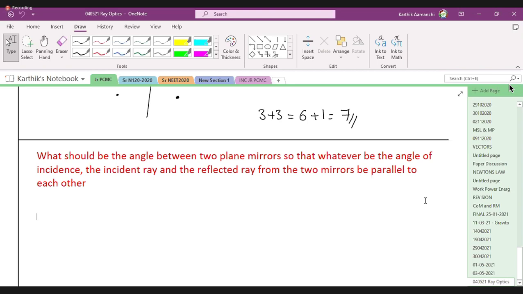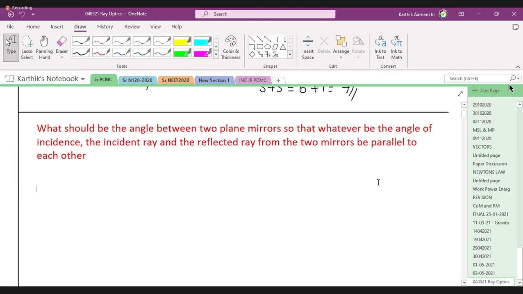Sir, it's 90. Is it 90 degrees? It is 20. But how did you do it? I just took one mirror. Oh my goodness.